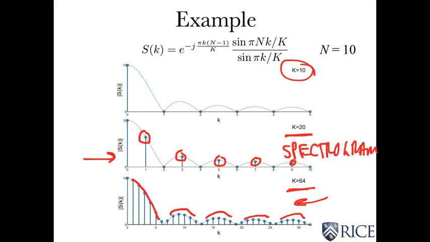I used a longer transform length than the duration of the data in order to see the spectral detail, so I could see the formant structure and the pitch structure in the speech. I'm going to go over in a later video how we actually compute spectrograms and how this all works. But suffice it to say, padding is a very, very important idea if you're really interested in the spectrum and you want to see its detail.